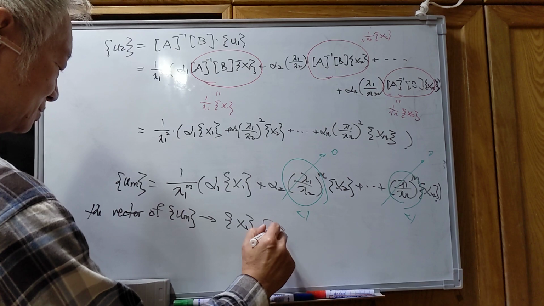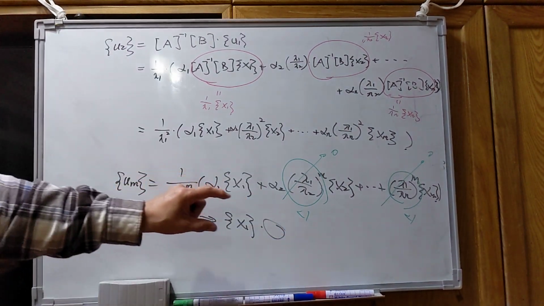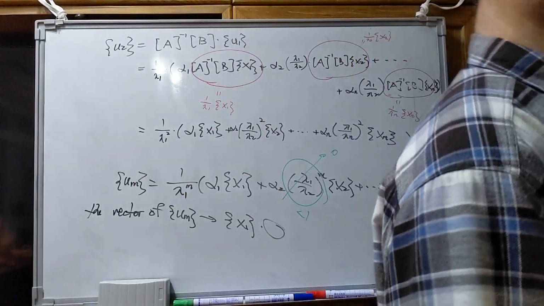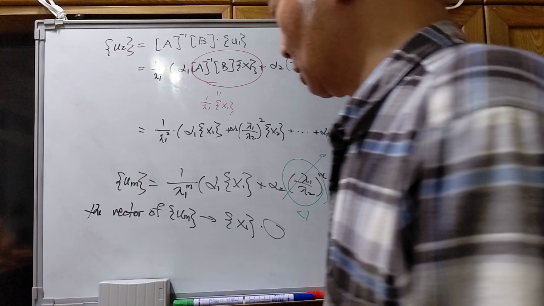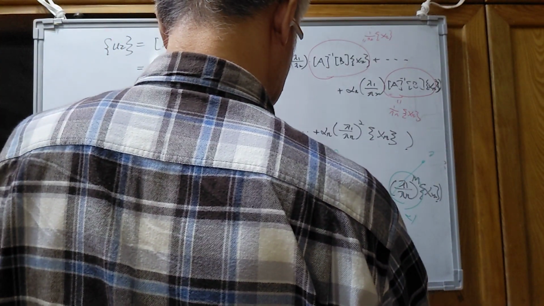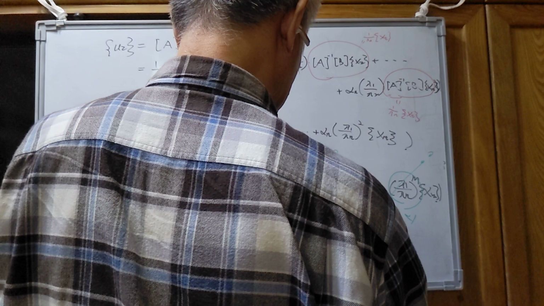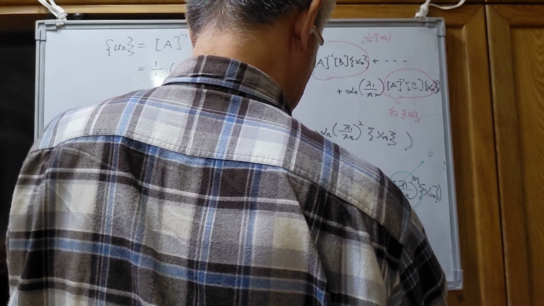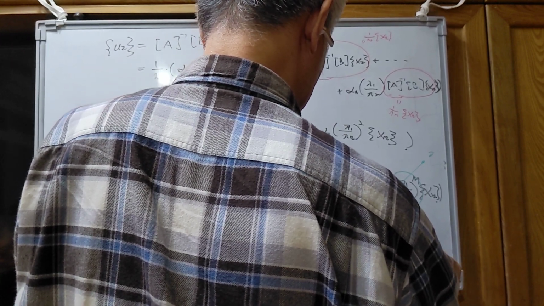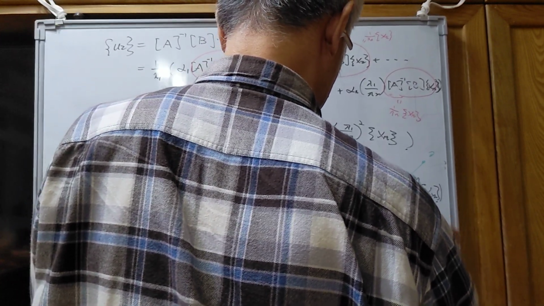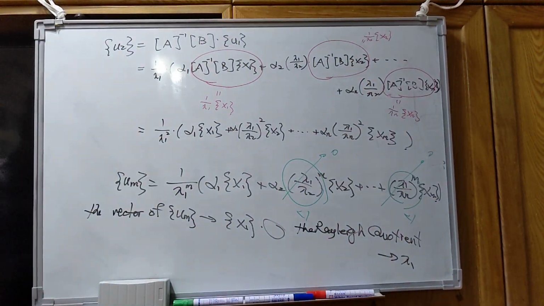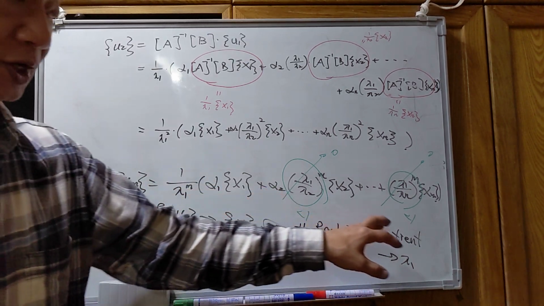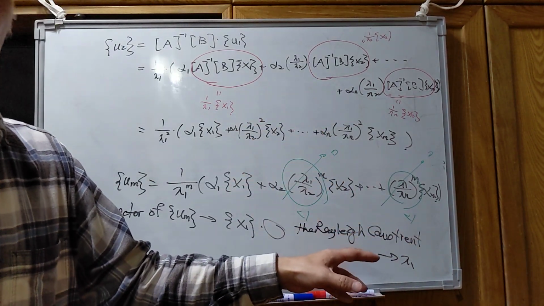Times a constant. So the vector will approach x1, and also the Rayleigh quotient will approach lambda 1. Also, we can prove that the Rayleigh quotient will approach lambda 1.